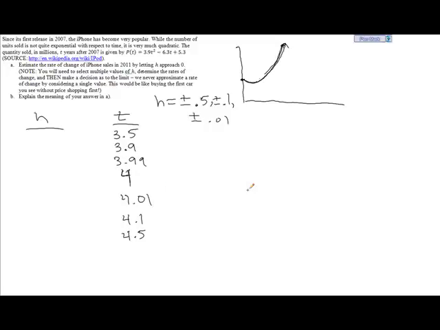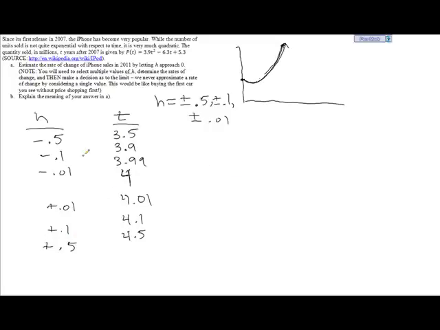Just to clarify, this is when H is negative 0.5, this is when it's negative 0.1, this is when it's negative 0.01. There's really no H associated with the middle one. Here's a positive 0.01, a positive 0.1, and a positive 0.5.